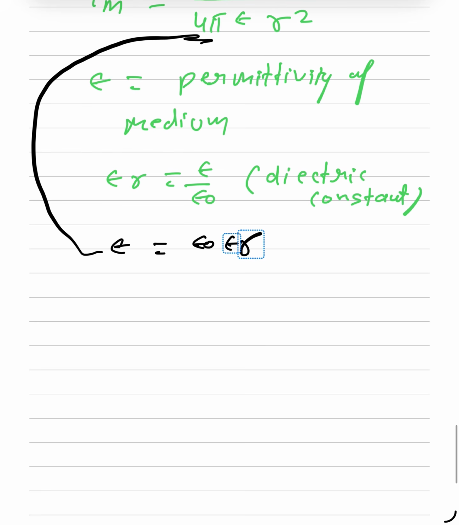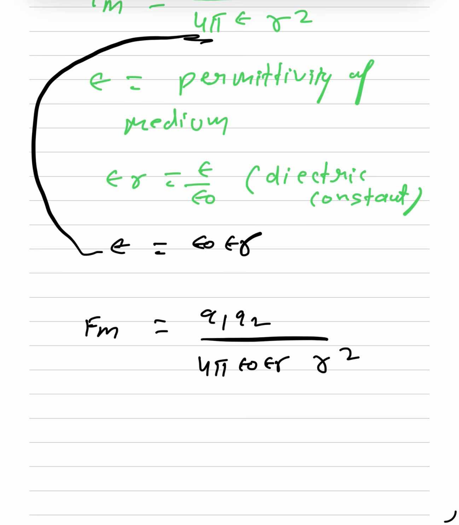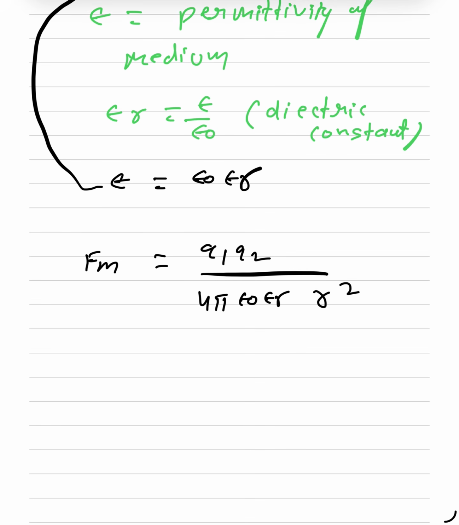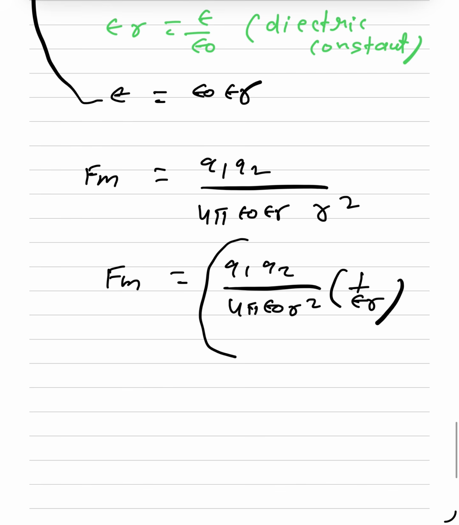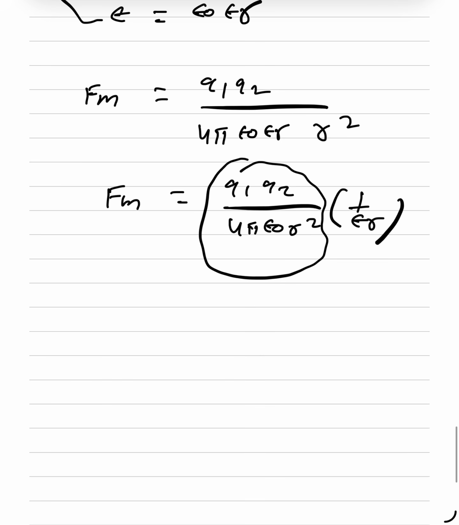Then the new formula of the Coulomb force in a medium, Fm, equals Q1 times Q2 divided by 4 pi epsilon naught times epsilon r times r squared, and rearranging this formula, Q1 times Q2 divided by 4 pi epsilon naught r squared times 1 by epsilon r.